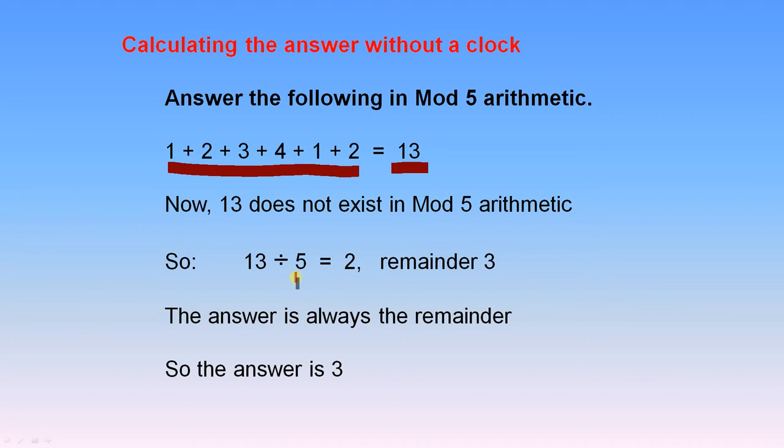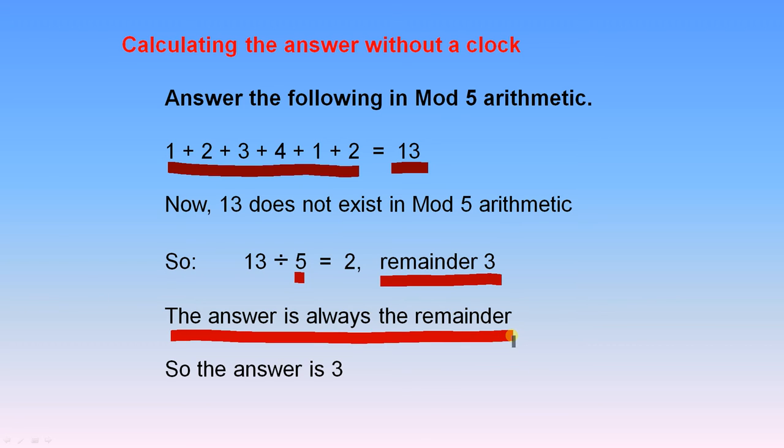Because it's Mod 5, we divide by 5. 13 divided by 5 is 2. That is, 5 divides into 13 twice. But the remainder is 3. So the answer is always the remainder. Very, very important to remember that. The answer is always the remainder. And we'll see more about that in future videos.